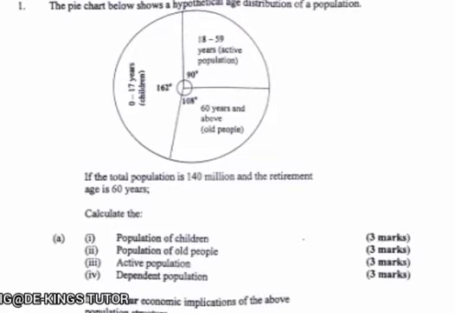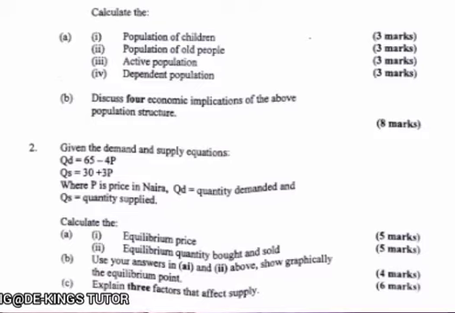If the population is 140 million and the retirement age is 60 years, calculate: (a) (i) the population of children, (ii) the population of old people, (iii) the active population, (iv) the dependent population. (b) Discuss 4 economic implications of the above population structure.